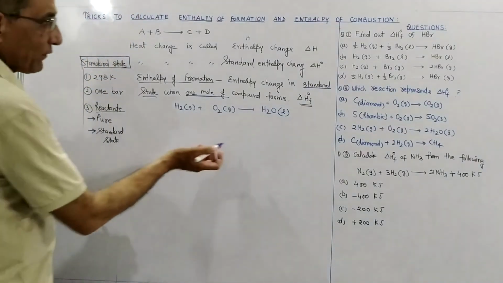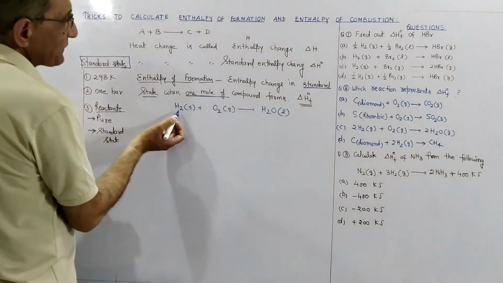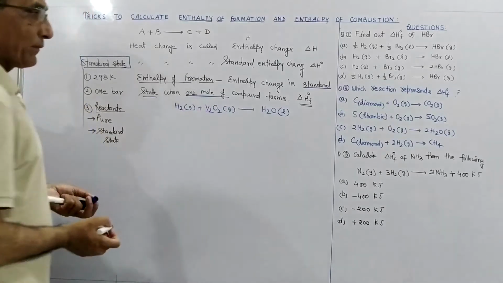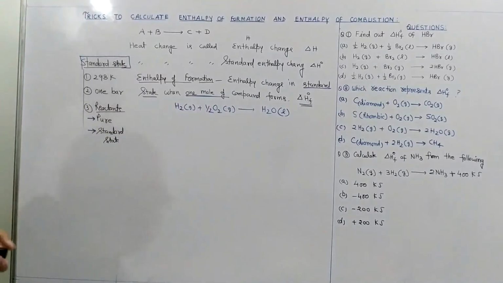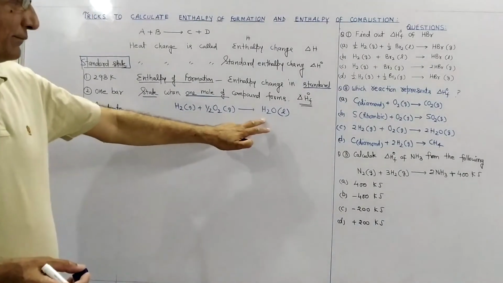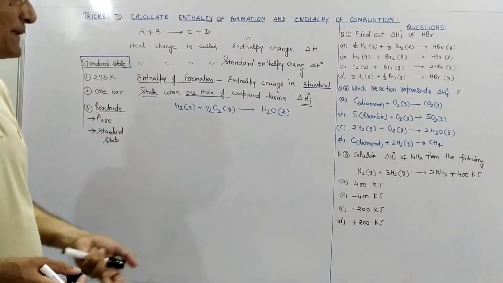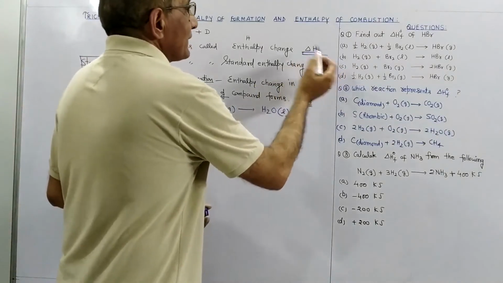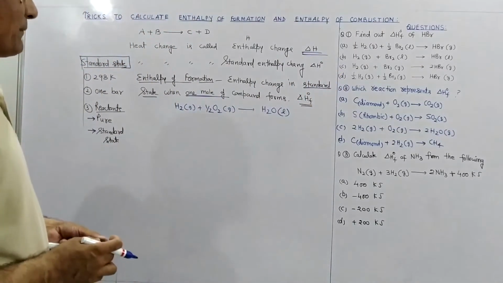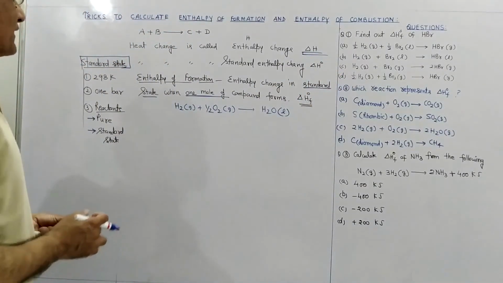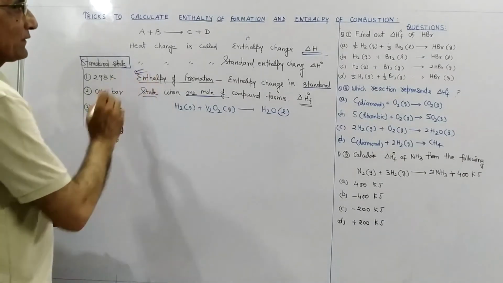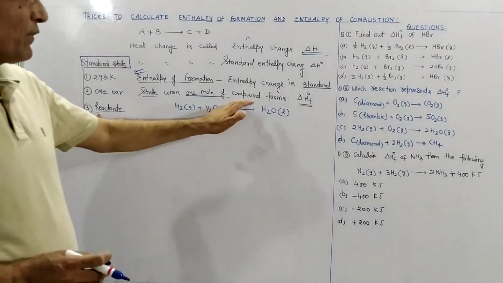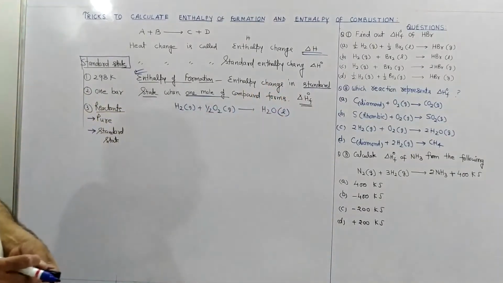Now 1 mole is forming; we have 2 hydrogen here, also 2 hydrogen there, 1 oxygen here, 2 oxygen there, so we can write half O2. So in this reaction 1 mole of water is forming, and if this reaction takes place in normal condition, then it is enthalpy change, and if it takes place in a standard condition, then it will be standard enthalpy of formation. So enthalpy change in standard state when 1 mole of compound forms is called standard enthalpy of formation.